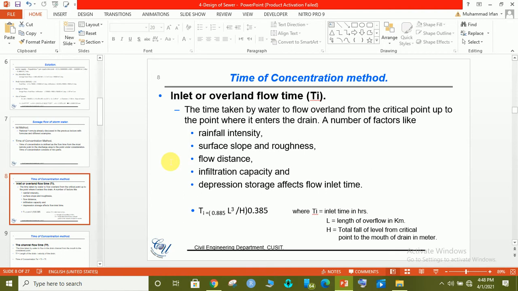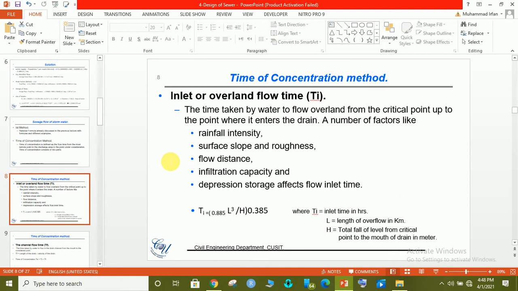Suppose we want to calculate the time that the runoff generated takes to reach a specific drain. That time is called the time of concentration. A number of factors like rainfall intensity, surface slope and roughness, flow distance, infiltration capacity, and depression storage affect the flow inlet time.